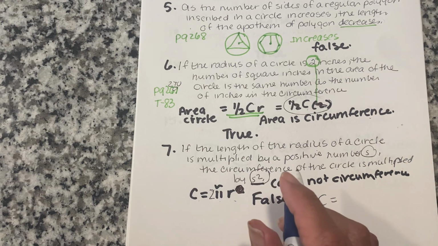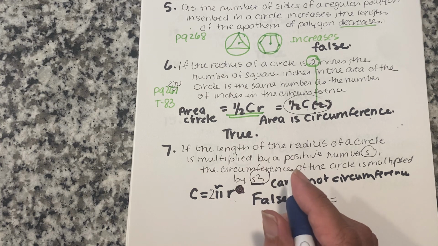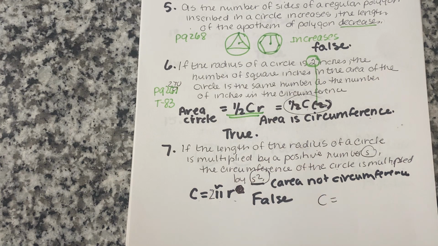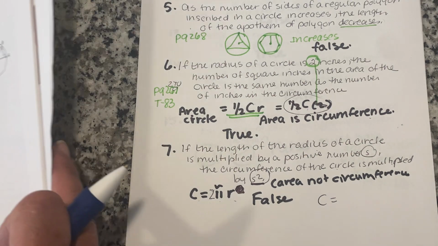What did we just find? The circumference of the circle is multiplied by s squared. So the area is not the circumference, okay? So it would be false.